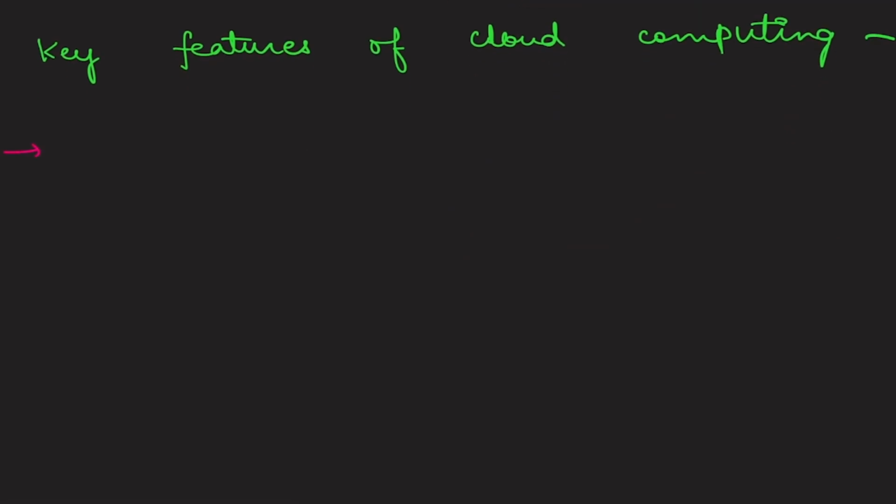The first one which we have here is agility. What is the meaning of agility or how is this going to be helping us? This one is going to help us in quick and inexpensive reprovisioning of the resources. For the cloud, we are going to be using various resources, and if you have used some of the resources, then you need to reprovision them, and that is what is going to be handled here.